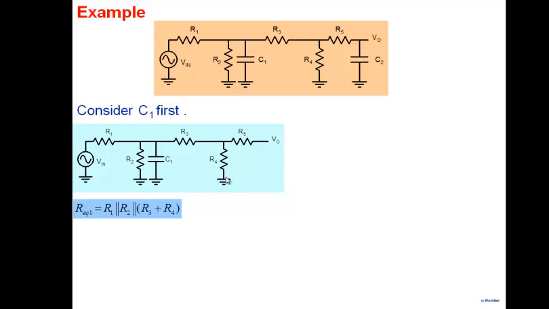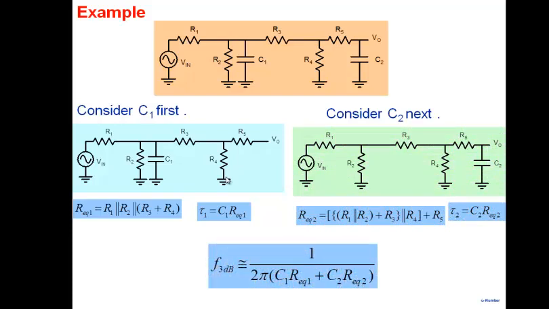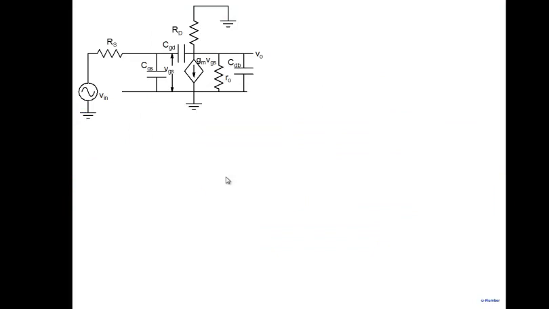Vx by Ix gives you the resistance seen by your capacitor. So you calculate this, and that gives you the time constant C1 R1. Similarly, consider C2 and calculate its time constant, R2. Then the overall 3 dB frequency is 1 by 2 pi times the sum of the two time constants. That's the approach you use for calculating.